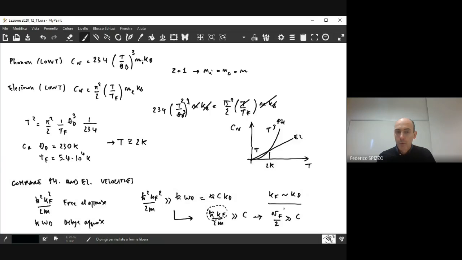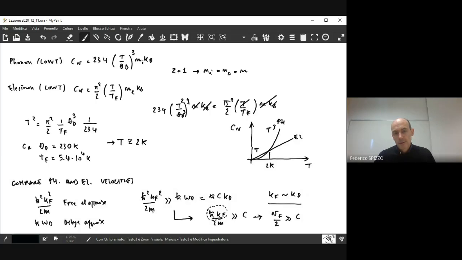So what we have obtained here, using these two approximations just to have a reference value for the expression of the electronic energy and the phonon energy, is that the comparison between the speed of the electrons and the speed of the phonons is in favor of the electrons.